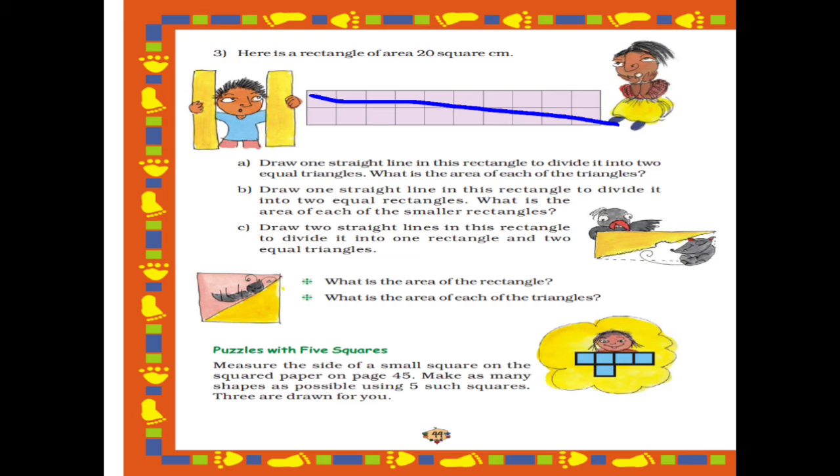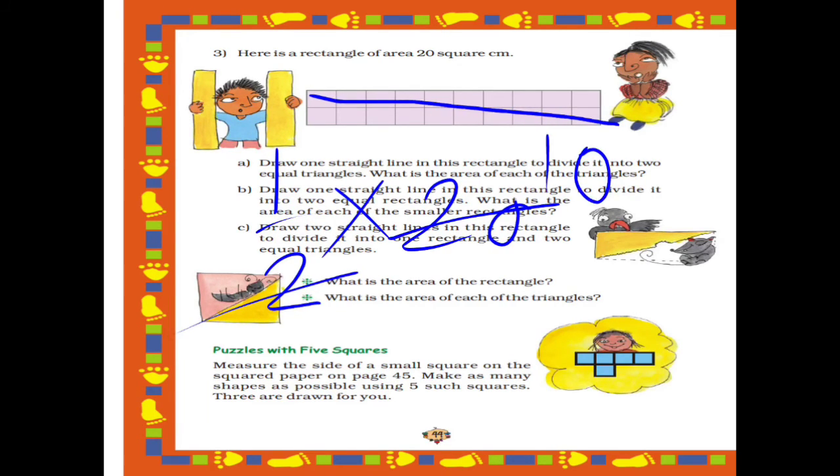So obviously the area of each triangle will be half of the area of the rectangle. So we find 1 by 2 into 20, because 20 is the area of the rectangle. So 20 would be cut, 10 will remain, so 10 square centimeter. So the area of each triangle is 10 square centimeter.